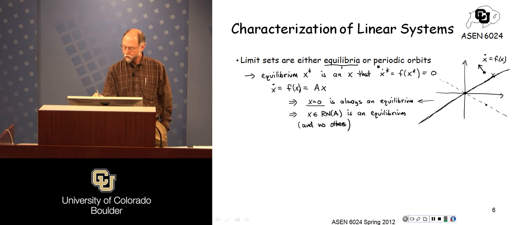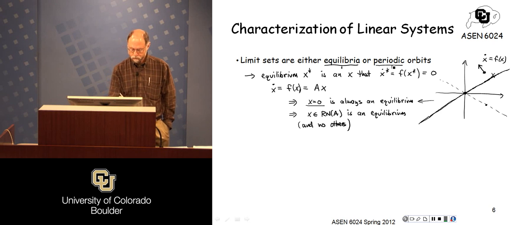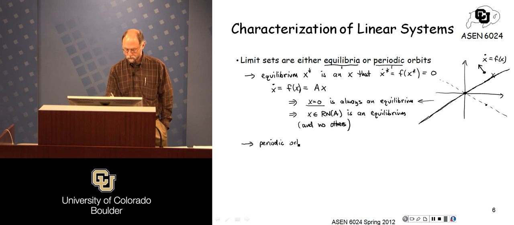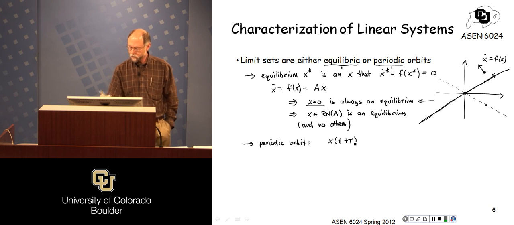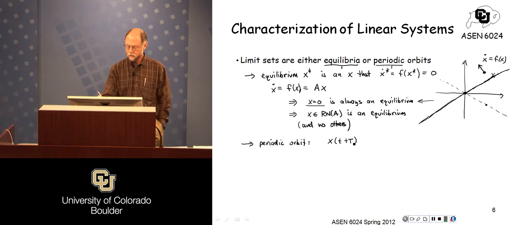Okay, what about periodic orbits? So a periodic orbit is a solution x of t such that that same solution at some later time, cap T, equals the solution at a previous time.